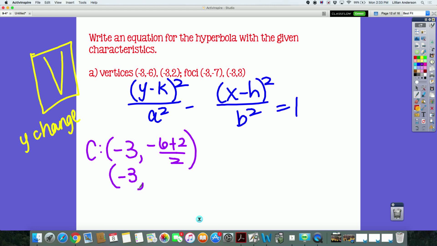So -6 plus 2 is -4. When we divide that by 2, it's going to be -2. So our center is going to be (-3, -2). That means h is -3, which is going to turn that whole thing into a positive, and our k is -2, which means we're going to turn this into a positive as well.